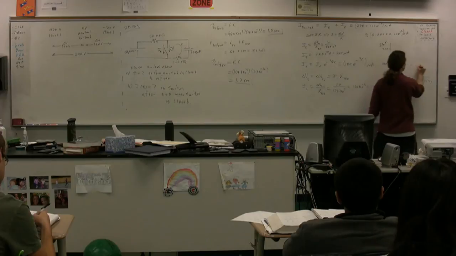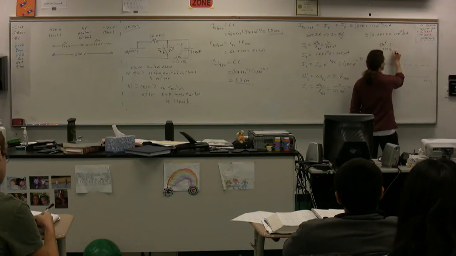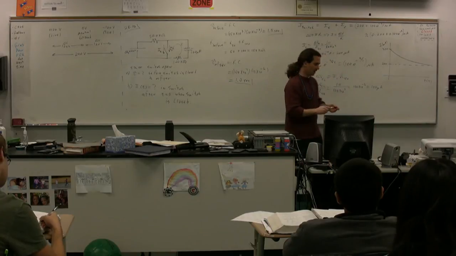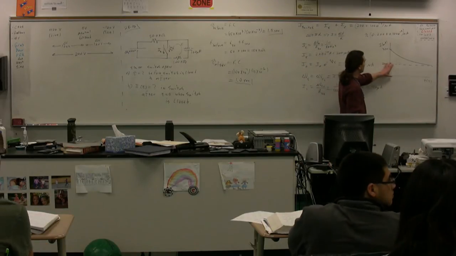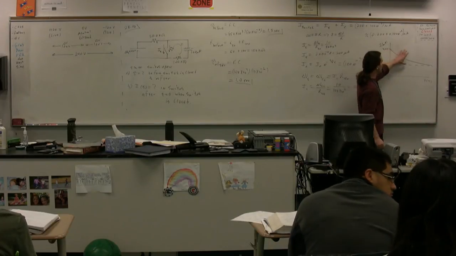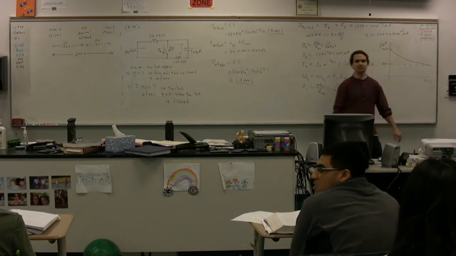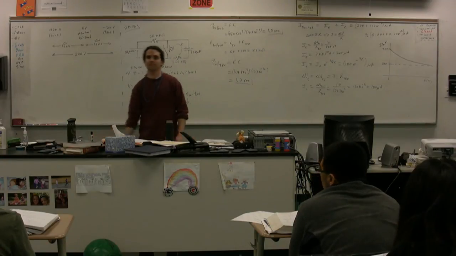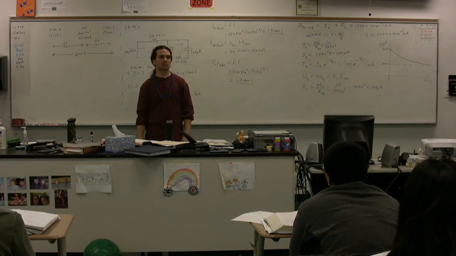It asymptotes at 200, and it's going to start here, where this part is the current delivered by the battery, and this part is the current delivered by the capacitor. Questions before we move on to numbers?